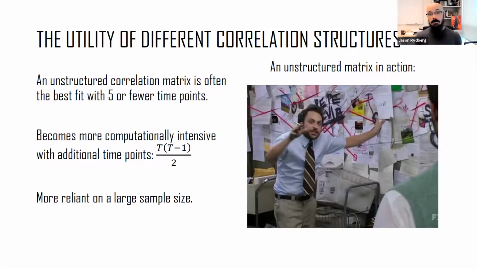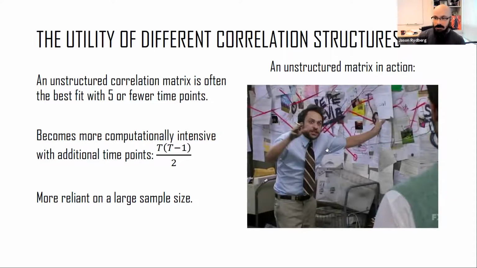Your computer will still do it, but you are expending a ton of degrees of freedom to get that information, and it's going to rely on that huge sample size. So if you're in the situation of the 3,000 US counties, 20 time points each, you could probably pull it off. But with 50 US states, your residual correlation matrix now has more estimated parameters than you have actual unique units. That's bad. That's not good.